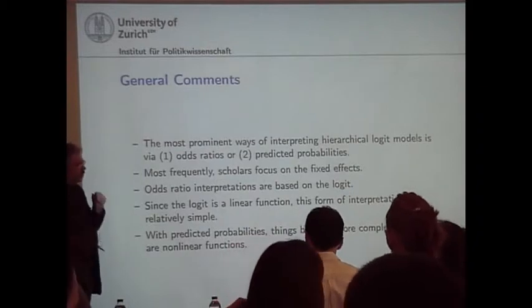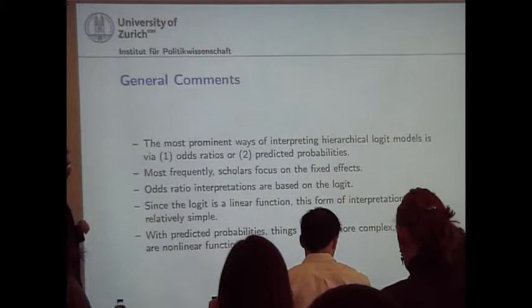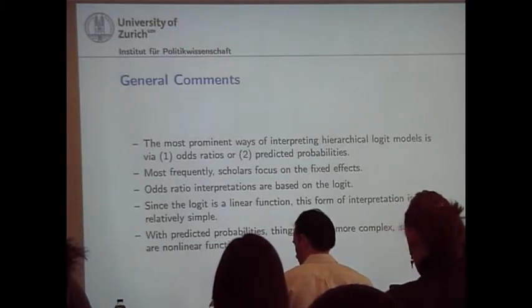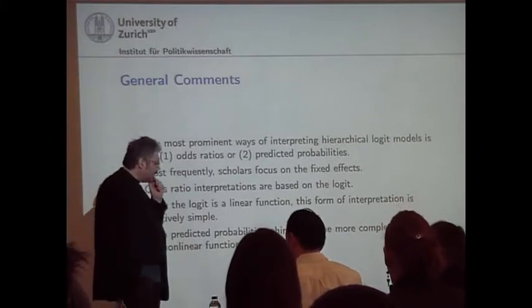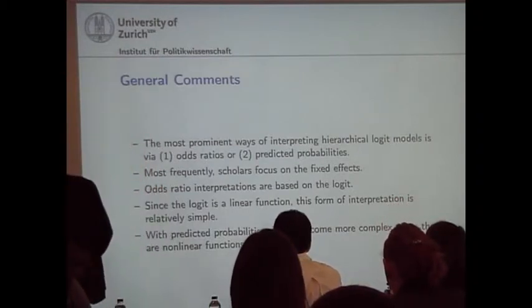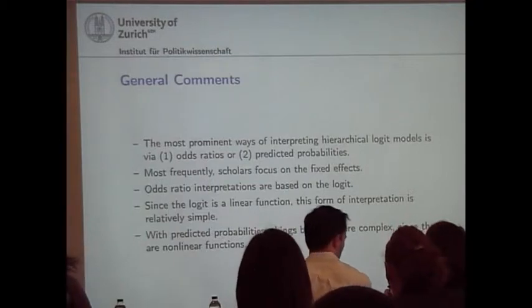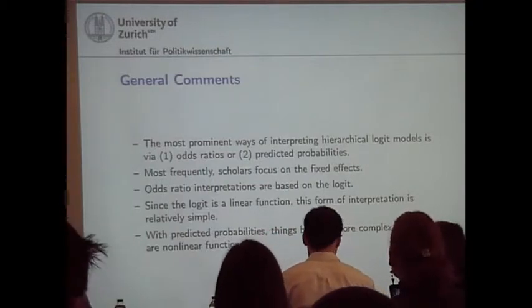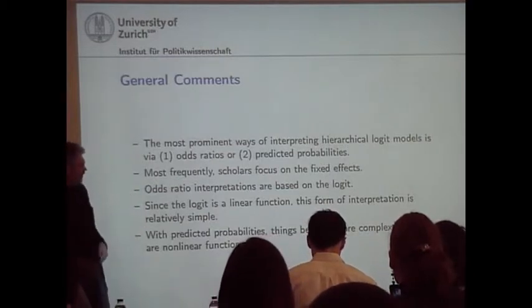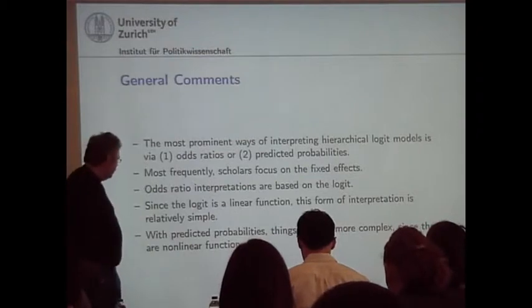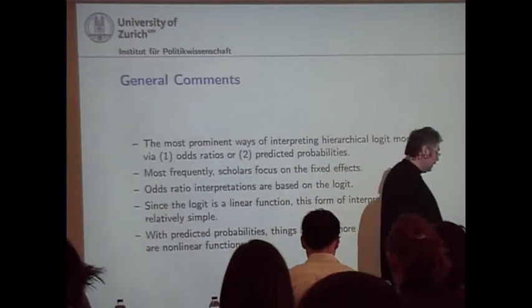That's what the GLAM allows you to do, random effects as well. The odds ratio interpretation is based on the Logit, and Logit has the nice feature that it's a linear function. And that interpretation is relatively straightforward because of that, but when we get to predicted probabilities, things do become a little bit more complex because they are nonlinear functions.